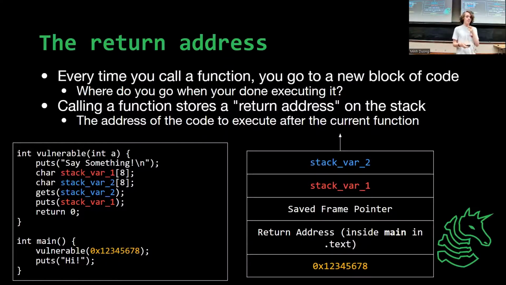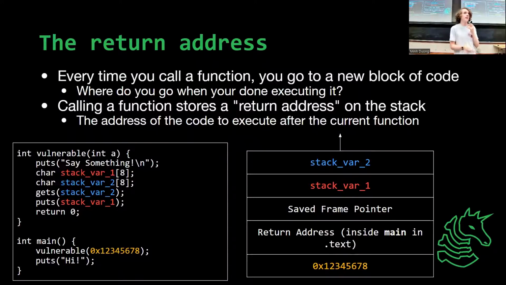So the way it deals with that is it stores the return address on the stack, the return address being whatever instruction is to execute after this function is done executing. So here, when vulnerable is done executing, it'll have the address of this puts call in the return address. When it hits the return, it'll know to jump to here and read the instructions from the address that references this code right here.